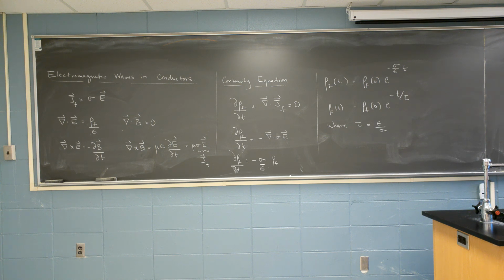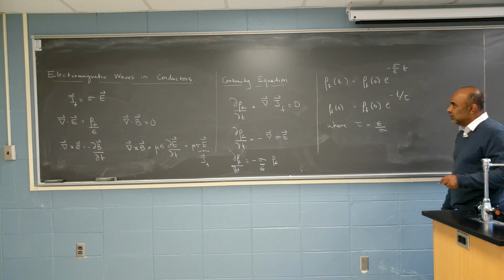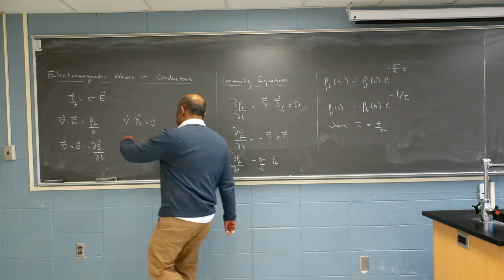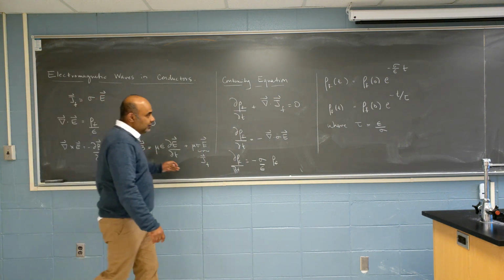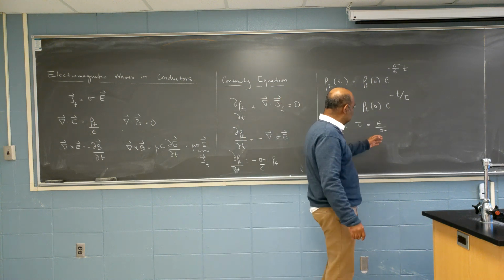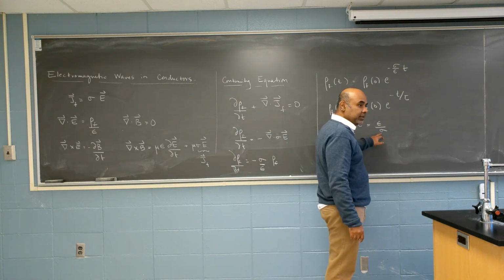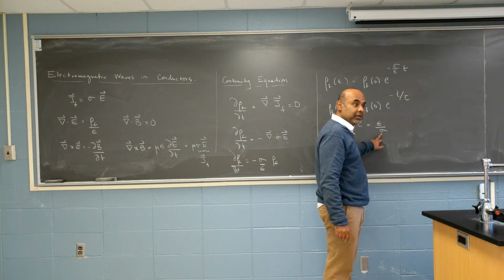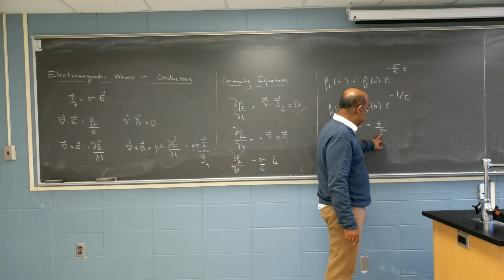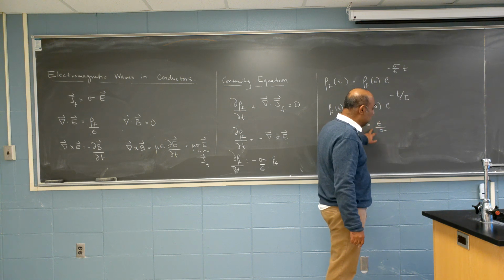There's a condition that the oscillation time here is much less than this guy. No, much bigger. So electric fields are changing at a much bigger rate than this guy.